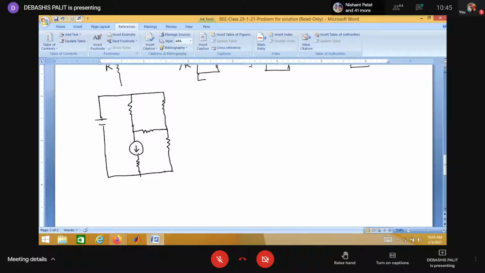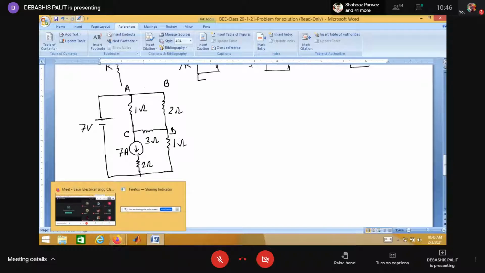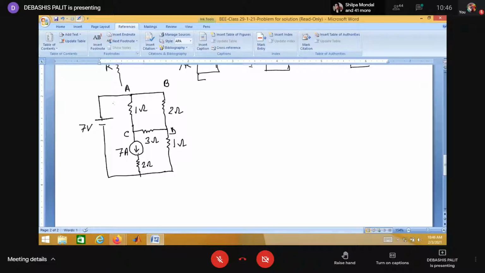So this is a 7-volt source. This is a 7 ampere current, 2 ohm resistance, 3 ohm resistance, 1 ohm resistance, 2 ohm resistance, 1 ohm resistance, and I'm just numbering these to point out AB, and here C, D. You see that for the 7-volt source, there is no series resistance at all.